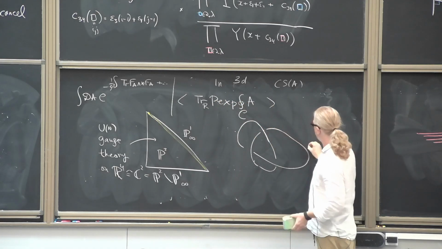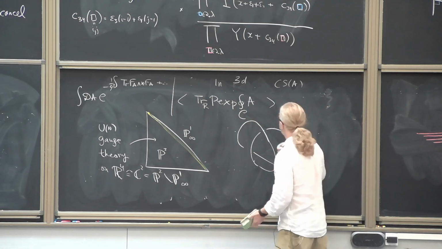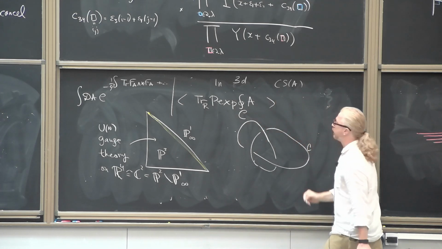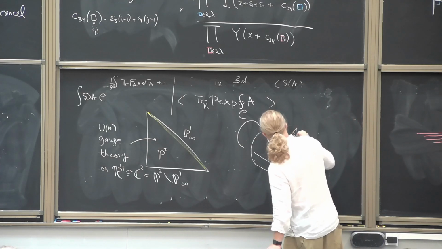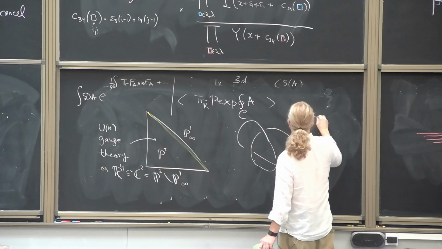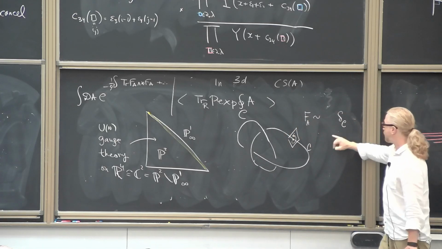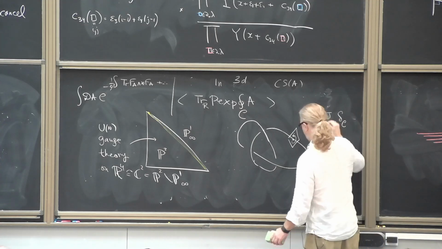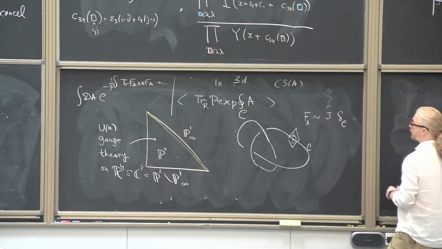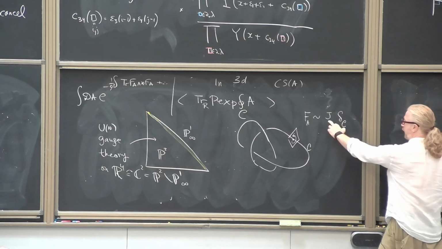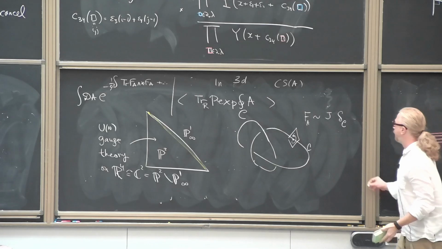So if I have an observable like that associated with some contour, the gauge field over which we perform the path integral has a singularity. And the singularity is such that the curvature of the gauge field now has a delta function source supported on this curve. And the actual magnitude of the curvature singularity is related to the representation in which we evaluate the Wilson line.